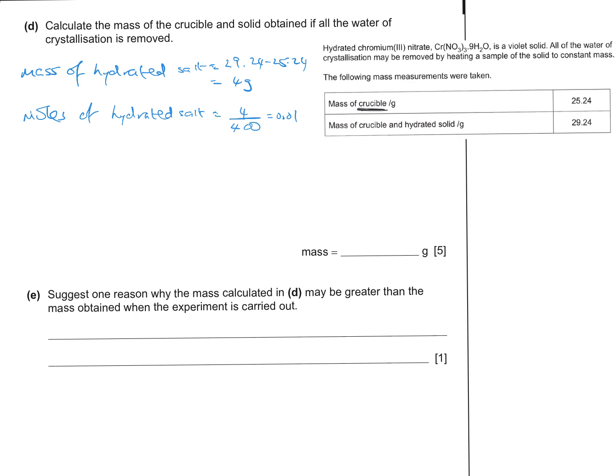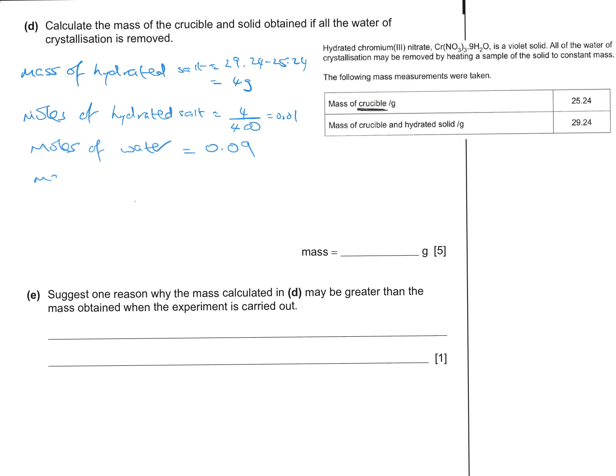We've established that there are 0.01 moles of this whole salt. This is the hydrated salt. And you can see there's a ratio of 1 to 9. So if there are 0.01 moles of the hydrated salt, there will be 0.09 moles of water. This can be converted to a mass.